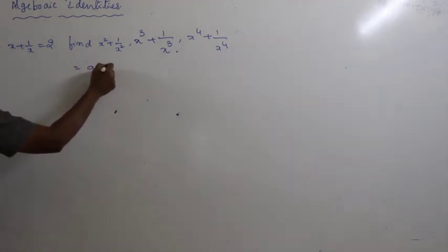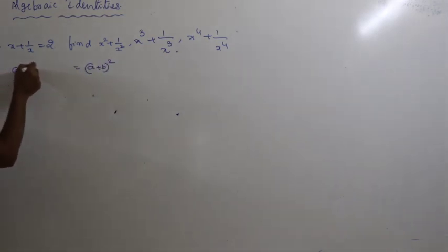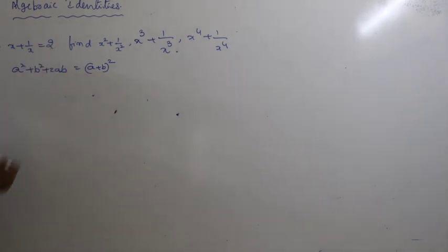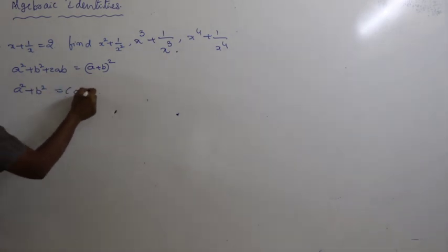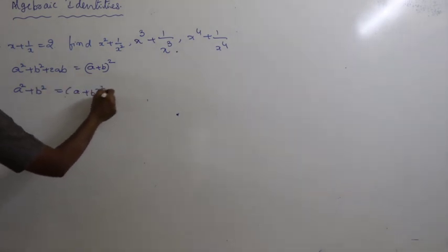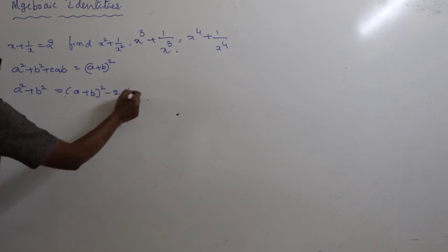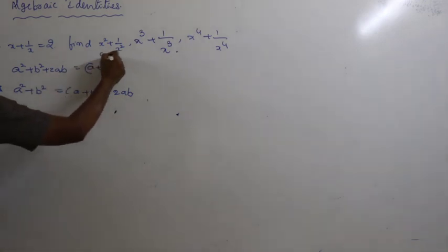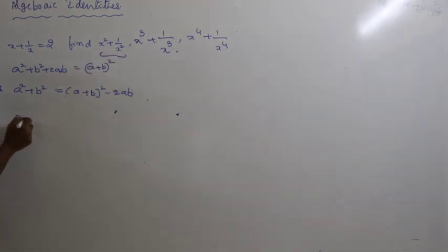We know the a plus b whole square formula: a square plus b square plus 2ab. This implies a square plus b square is equal to a plus b whole square minus 2ab. Using this, first I have to find the value of x square plus 1 by x square.